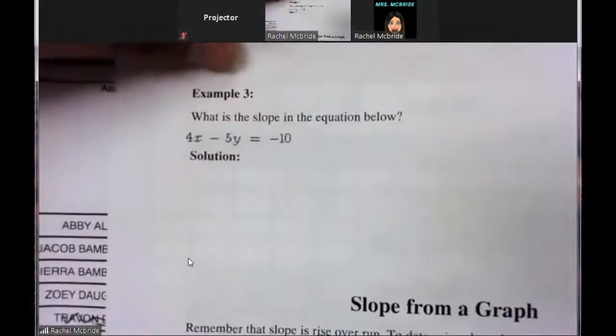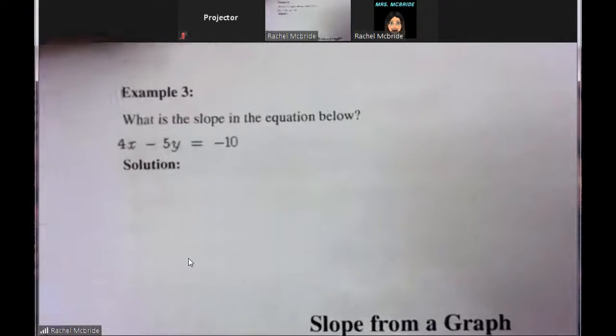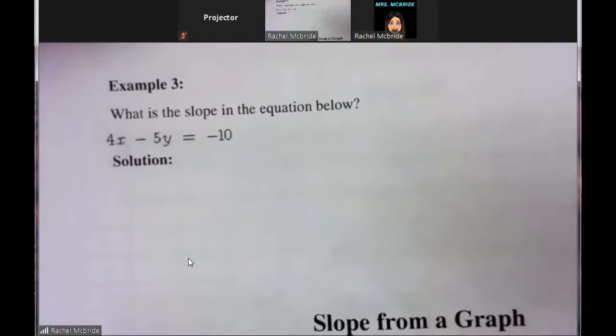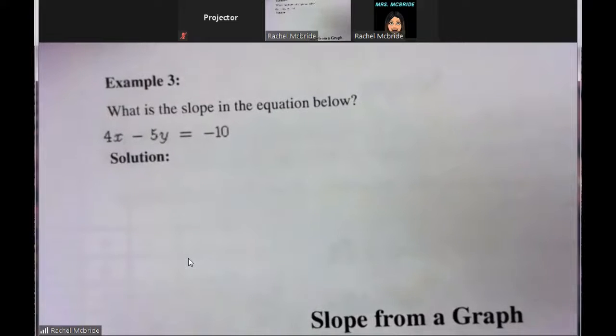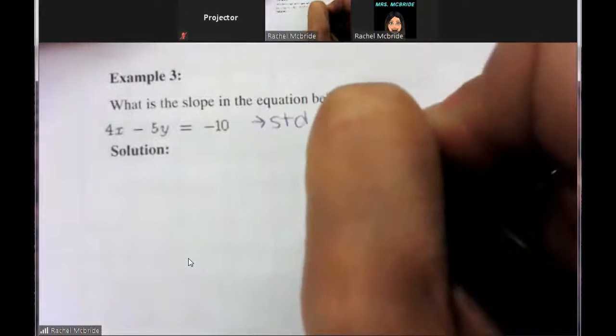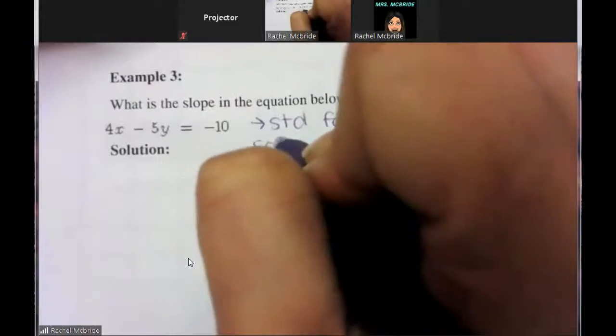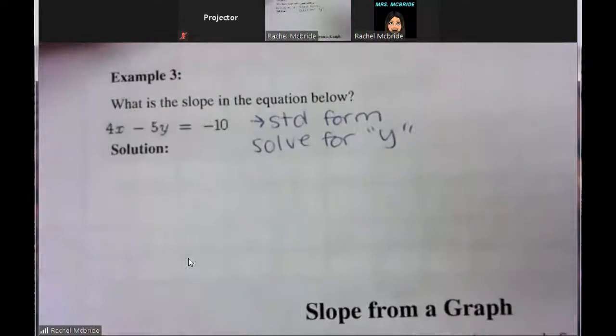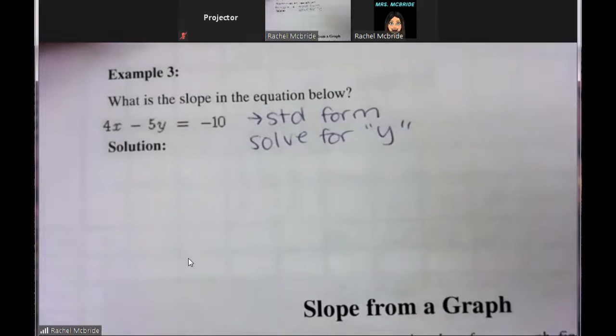Okay, you guys did not like these when we did them on our quiz, so I want to review them again. It says, what is the slope of the equation below? This is currently in what we call standard form, so you need to solve for y. So go ahead and do that now. Solve for y.